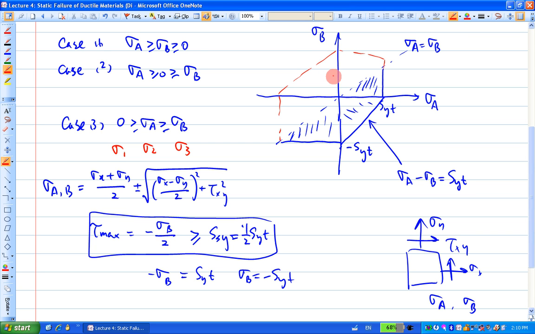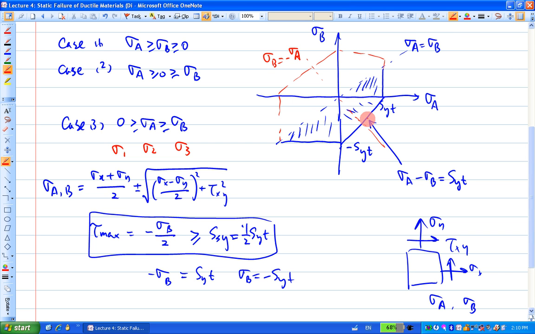At this location, if you draw a line at 45 degrees, which means this line is perpendicular to this one here, the equation for this line is sigma b equal to negative sigma a, or sigma a equal to negative sigma b, doesn't matter.